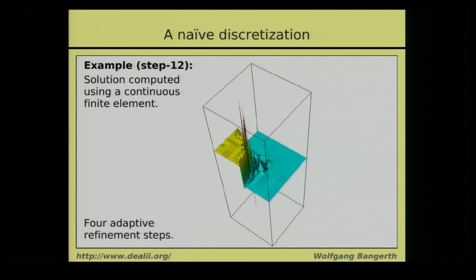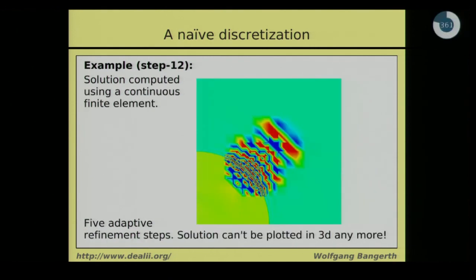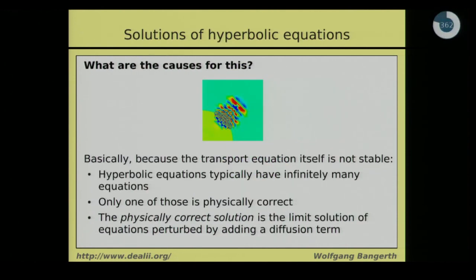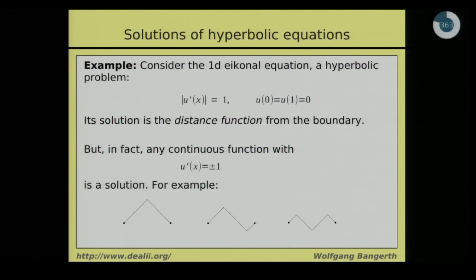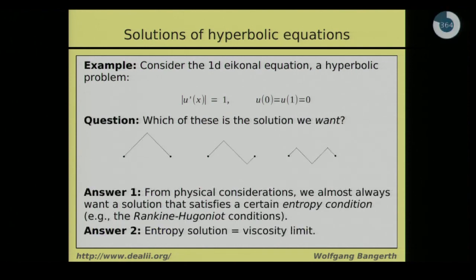So in order to make sense of this problem, that these things don't converge, we have to figure out what it really is that we call the physical solution, because there are multiple solutions. So in the case of the Eikonal equation, like I said, the physical solution we probably care about is the one at the bottom left.